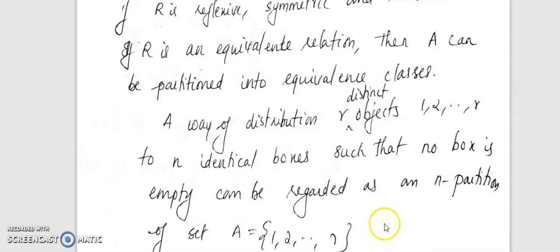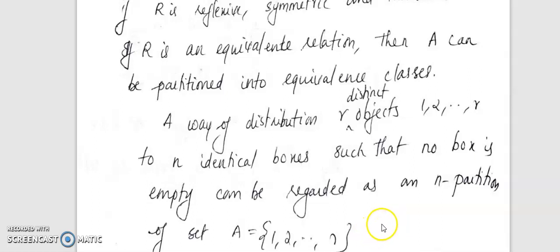And now when you form the n-partition, we can look at the same problem in many ways. One is partitioning a set, which can be like finding the equivalence classes, the number of equivalence classes.